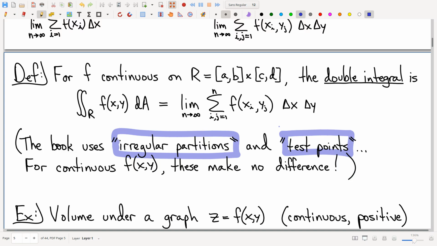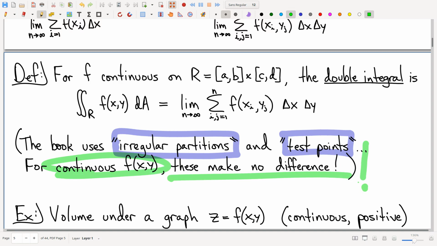It is very important. In Math 219, we're not going to worry about it, and we don't need to, because in Math 219, we're going to focus on functions that are continuous. And when a function's continuous, these don't matter, right? Whether you use regular or irregular, whether you use the convenient test points or arbitrary test points, whatever. Doesn't make any difference for us. We're always going to get the same answer.